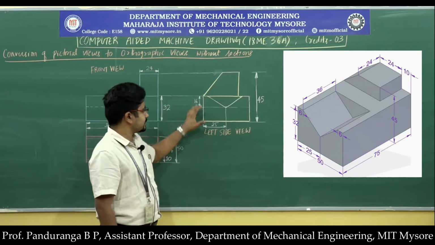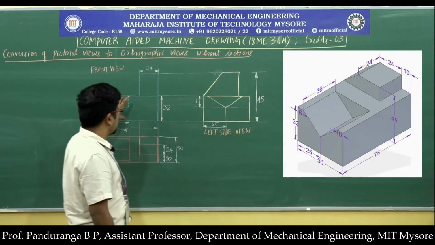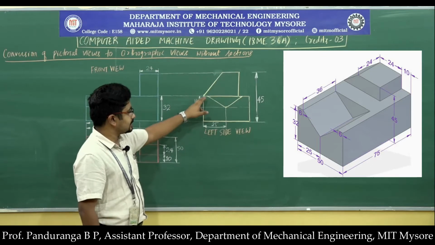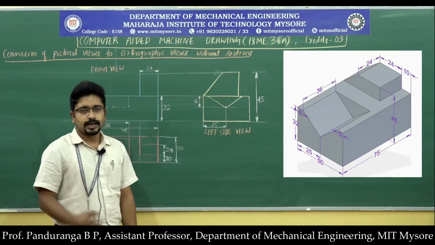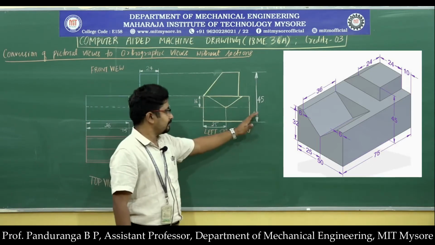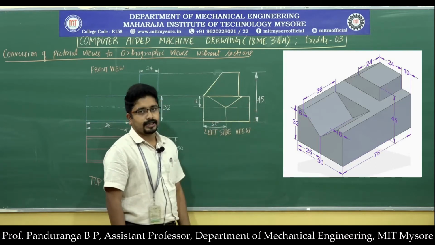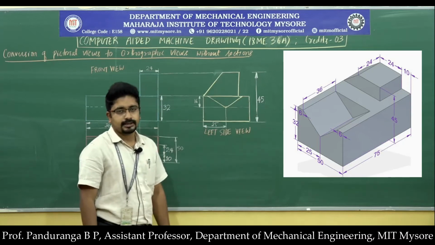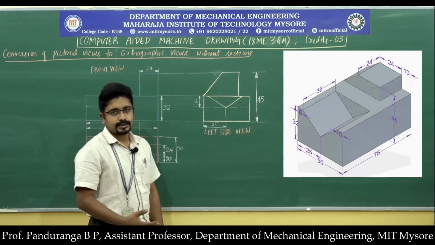So at a convenient distance, first I will draw this. I know the base is from here till here. Between these two lines, at a convenient distance, I will draw a vertical line. From there, I will measure 50 and then draw one more line. Then I complete the rectangle of the base in the side view.